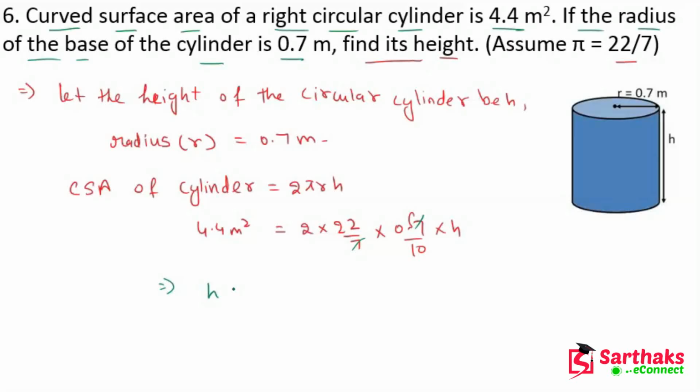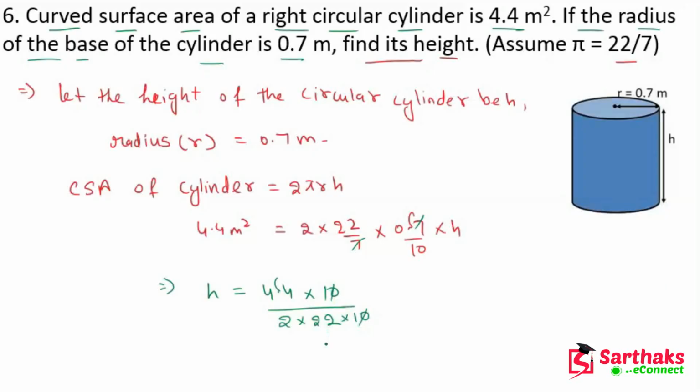So from this, h is equal to 4.4 into. Now shift these numbers to the LHS. Here we get this 10. If we shift it, this number goes to the numerator, and 2 into 22 goes in the denominator. So now if we remove this point, we get 10 in the denominator.